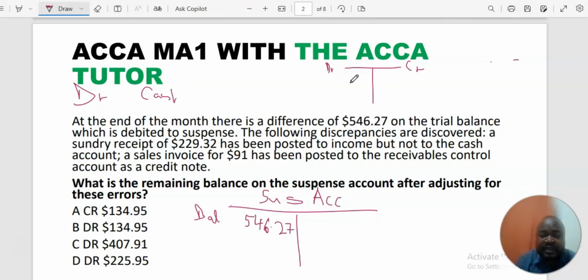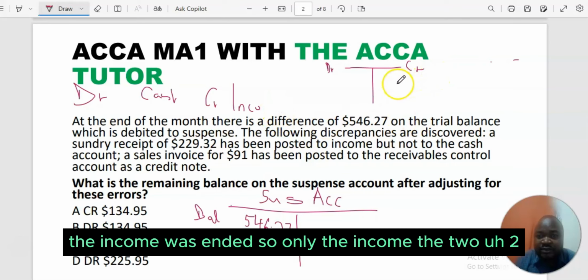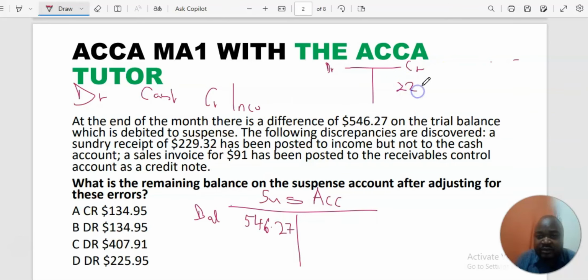So credit income. This was the correct double entry that was supposed to have taken place. Okay, so only the credit side, the income, was entered. So only the income, the 229.32.